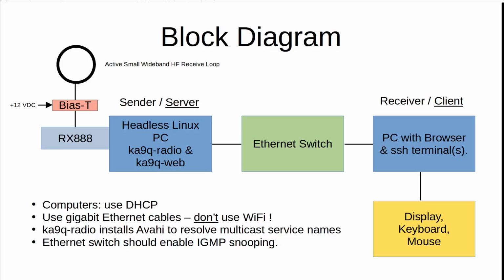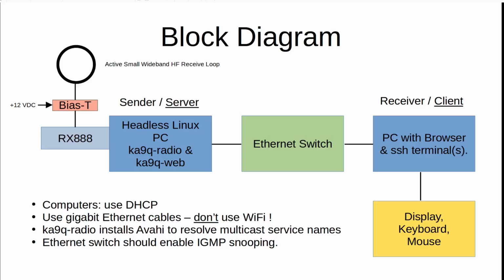KA9Q-web will be launched. Then over on a PC that has a browser with SSH terminals, we'll use those SSH terminals to get into the server. And then after radio and web are up and running, we'll then launch the browser and navigate to KA9Q Web's web interface, which is on the IP address of the server, :8081, which is the port that it uses.